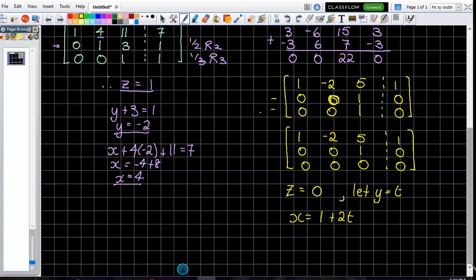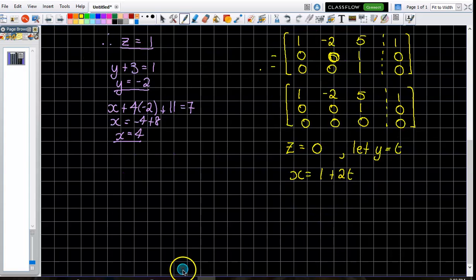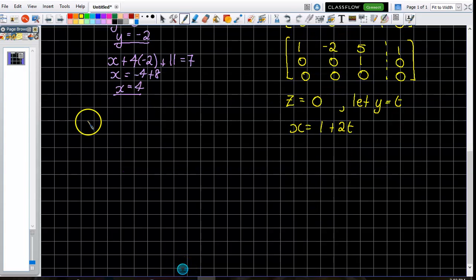So it's at this point when we have our summary page. Let's just make sure that we add to that. So when the last row, right, we're talking about the last row here, if we get it down to 0, 0, something, let's say 5, 10, we would then say, ha ha, Z could equal 2.